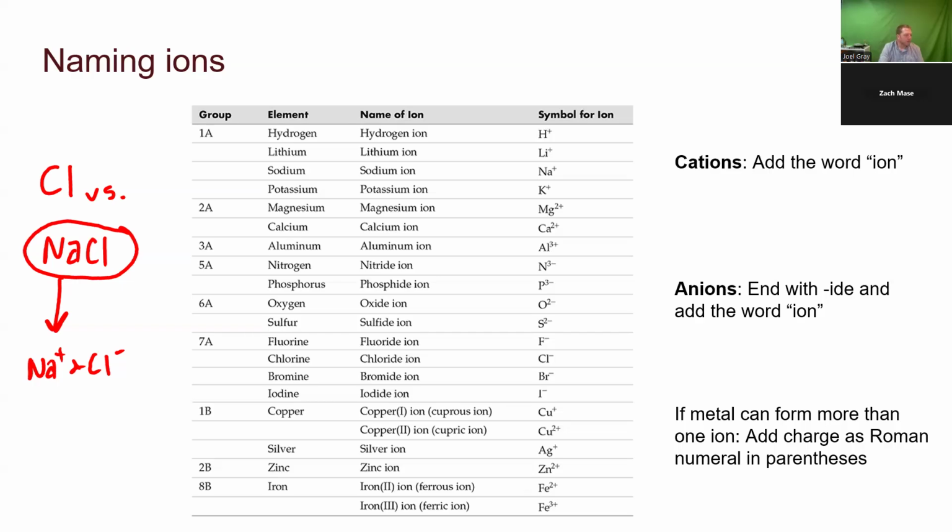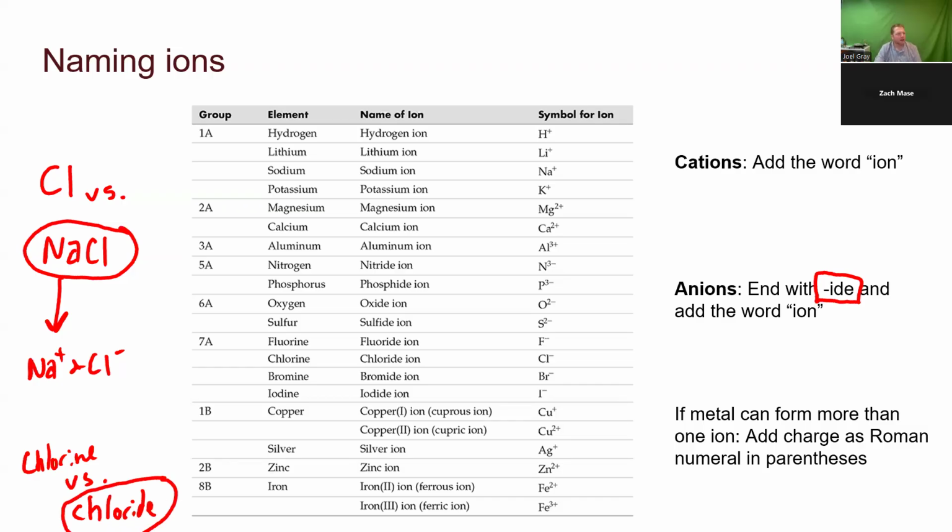And if something ends with -ide, that's an indication that it's a nonmetal that has gained electrons. If we compare that, so if somebody says chlorine versus chloride, one of these is an ion, the other is not.